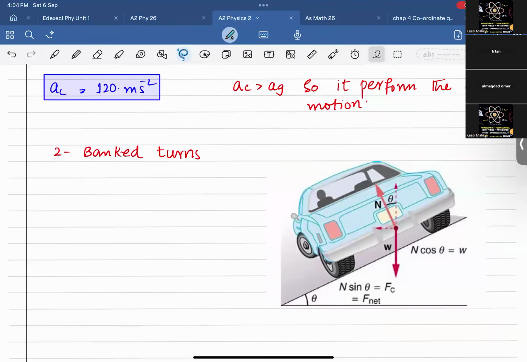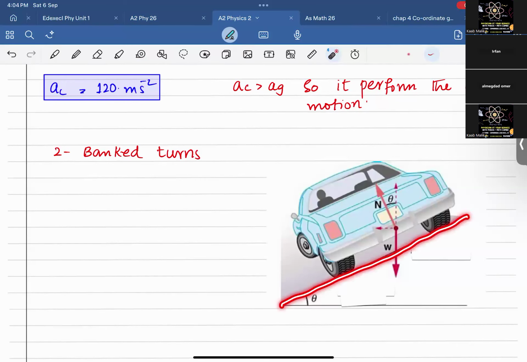In those scenarios, just ignore any components for now. If you're turning through a road where vehicles pass at very high speed, they make the road at an angle from the horizontal.